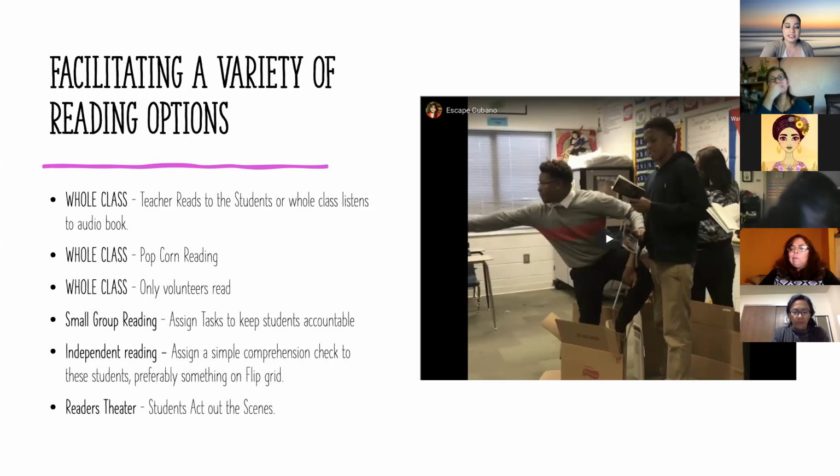You're going to be in charge of maybe recording a summary of what you read. You're going to be in charge of summarizing verbally for everybody. So you can give them different assignments if you have them in reading groups.